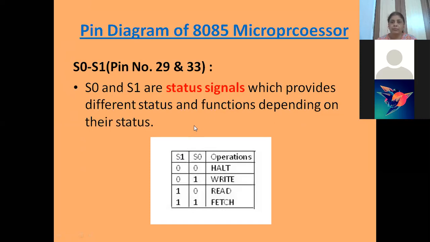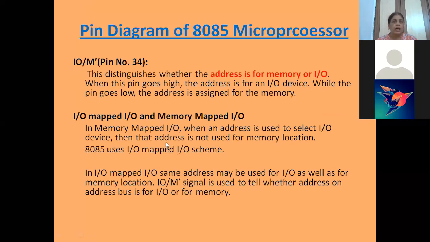And when you have 3 inputs, how many combinations can you have? 2 raised to the power 3, meaning you can have 8 combinations, or 8 machine cycles, the sub operations on which the microprocessor is working. Understood? So in the 8085 we have 8 machine cycles due to these 3 status signals S1, S0 and IO M bar. Clear?